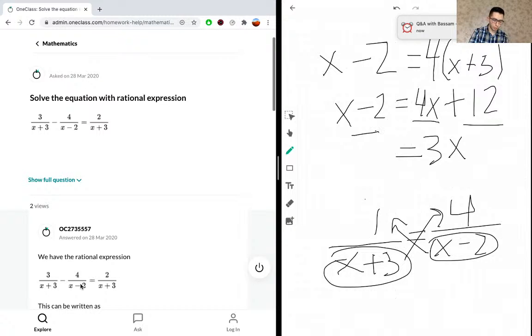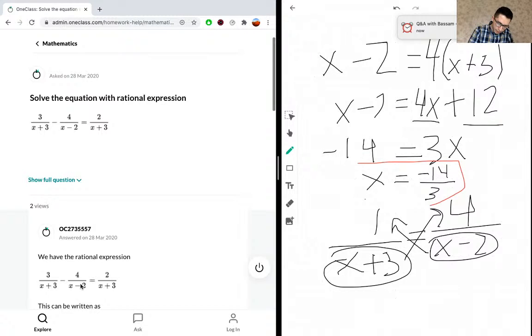So we'll have negative 2 minus 12, which gives us negative 14. And now to solve for x, x equals negative 14 over 3. And that's our final solution right here.